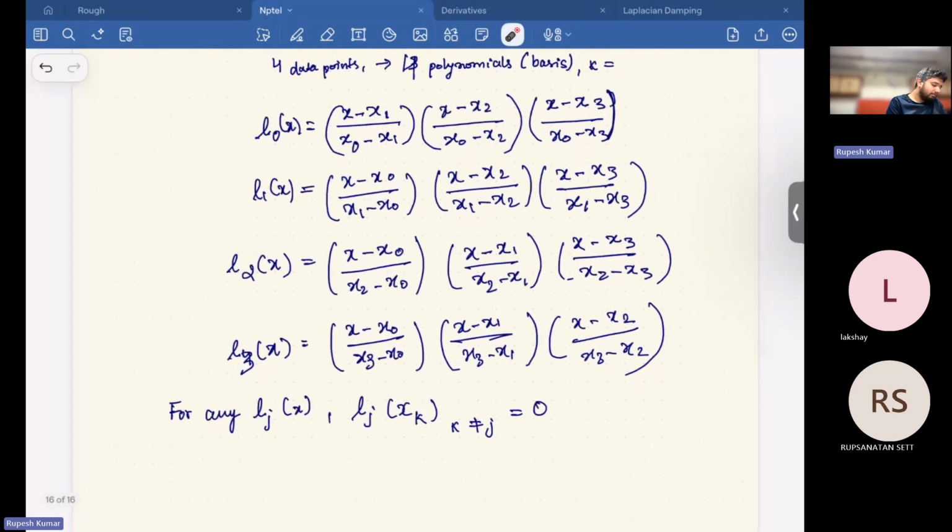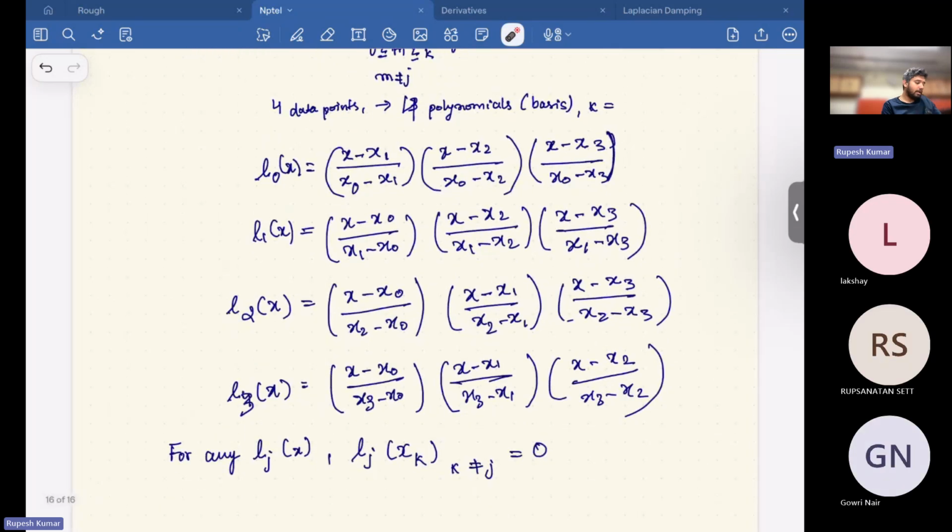So for any k not equal to j, if you put xk in the polynomial Lj, it returns 0. This is an interesting property of Lagrange's polynomials. It ensures that the four polynomials are essentially orthogonal in terms of these data points.